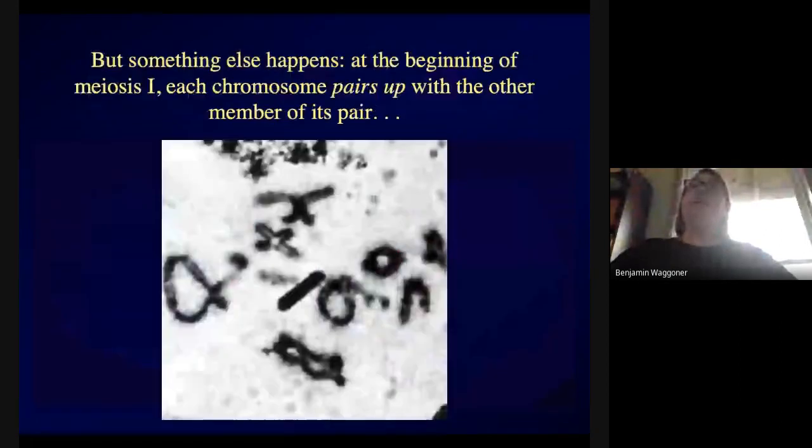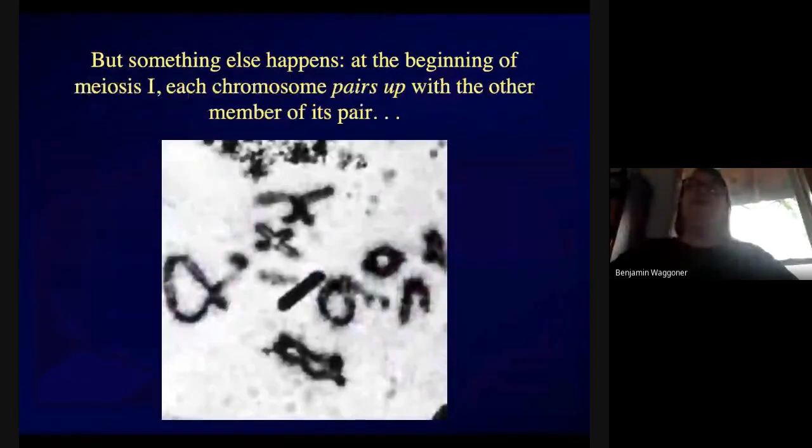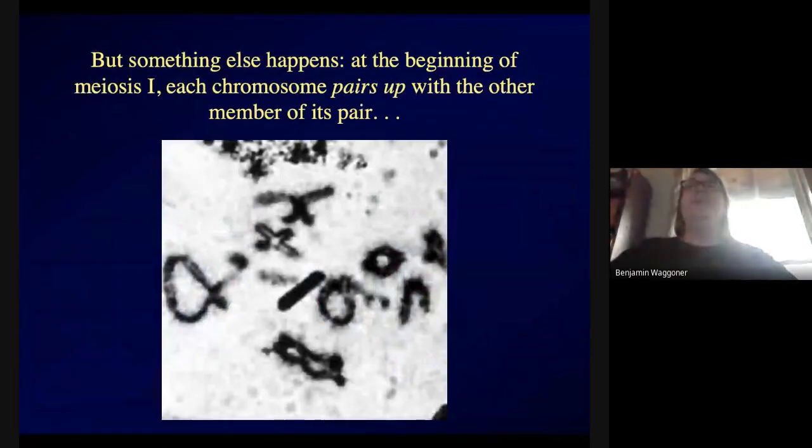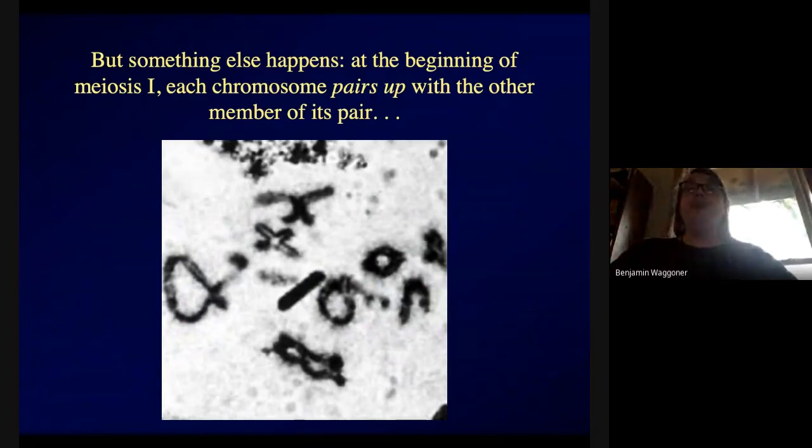Something else happens, and you need to know this. This is a critical difference between mitosis and meiosis. At the beginning of meiosis 1, but not mitosis, each chromosome pairs up with the other member of its pair.